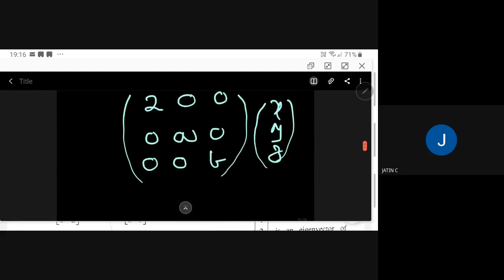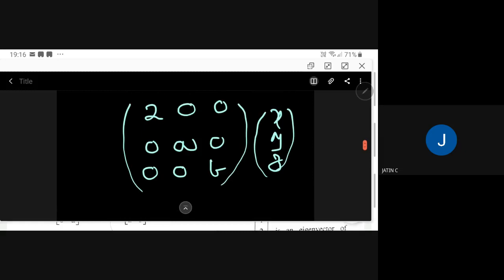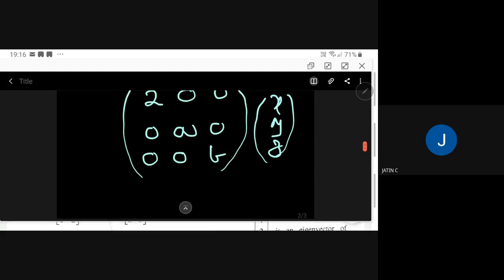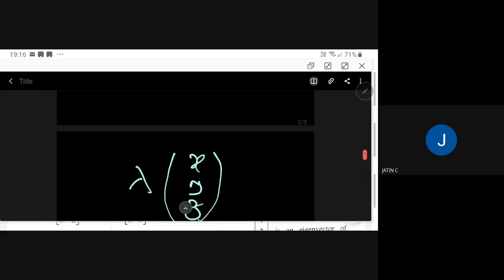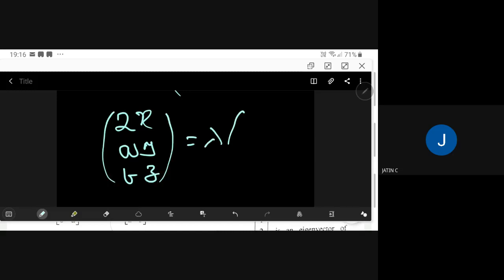This is true for any x, y, z. So what is the left hand side? If you look at the left hand side, you have 2x, then you have Ay, then you have Bz. That must be equal to lambda into x, y, z. So the only possibility here is that A and B must be the same and they must be equal to 2.